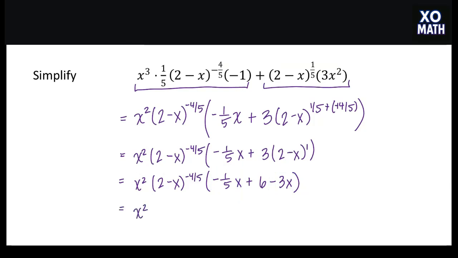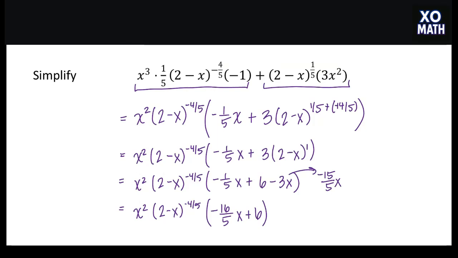So I have x squared times the quantity 2 minus x to the negative 4/5 times, so negative 1/5 x minus 3x, well, I can think about negative 3x as negative 15 over 5x. So adding those coefficients, I get negative 16 over 5x plus 6.